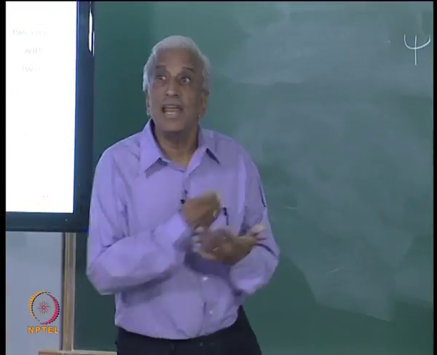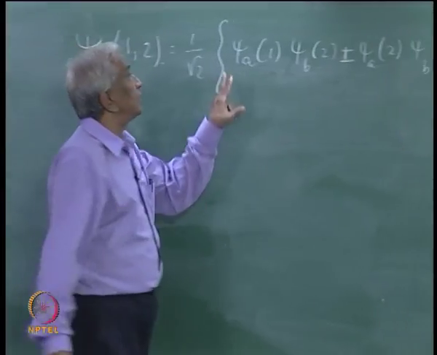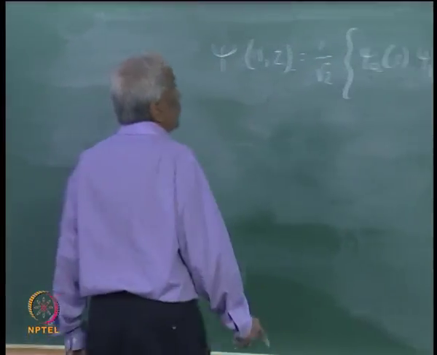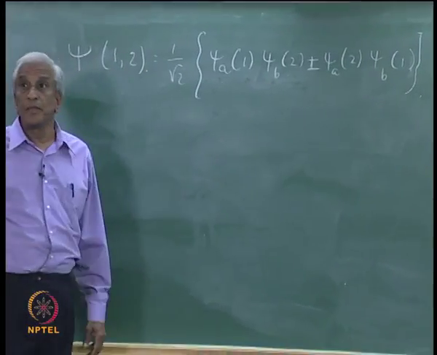So, the total two electron wave function is a simple product of these two. So, it is ψa(1)ψb(2).